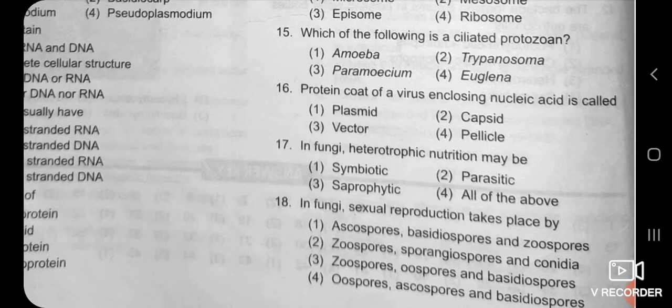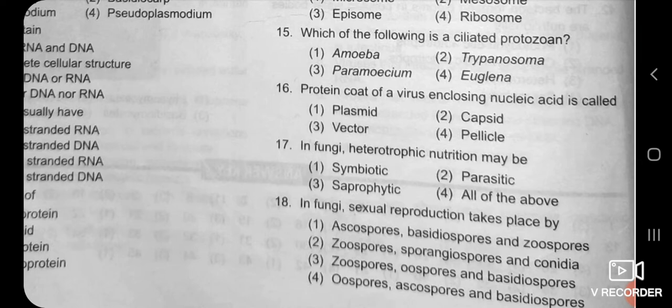Which of the following is a ciliated protozoan? In the Protista, one of the groups is the protozoans, and in these we have seen examples like the amoeboid protozoans, flagellated protozoans, ciliated protozoans, and the sporozoans. Amoeboid protozoans have pseudopodia, for example amoeba, entamoeba.